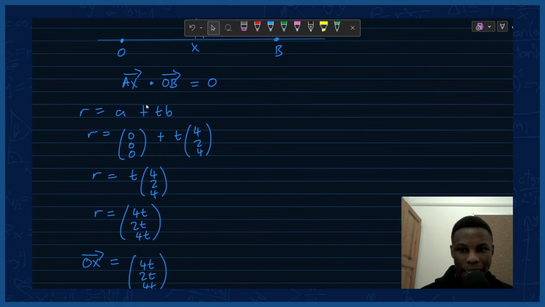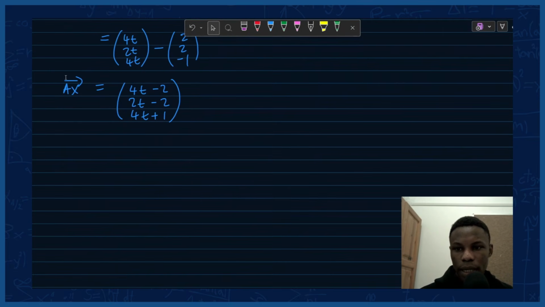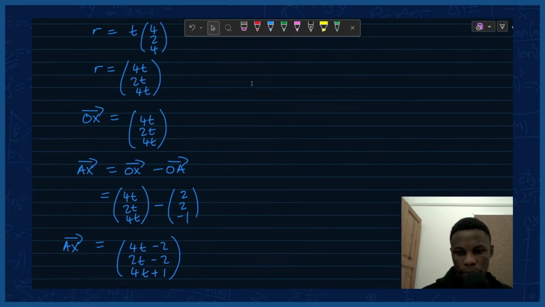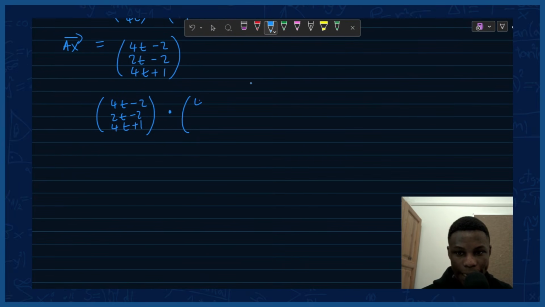Right. So to find t, we then use this equation. AX dotted with OB is equal to 0. And so that means our AX, which is (4t minus 2, 2t minus 2, 4t plus 1), we're going to take the dot product of that with OB, which is (4, 2, 4). And this has to be equal to 0.